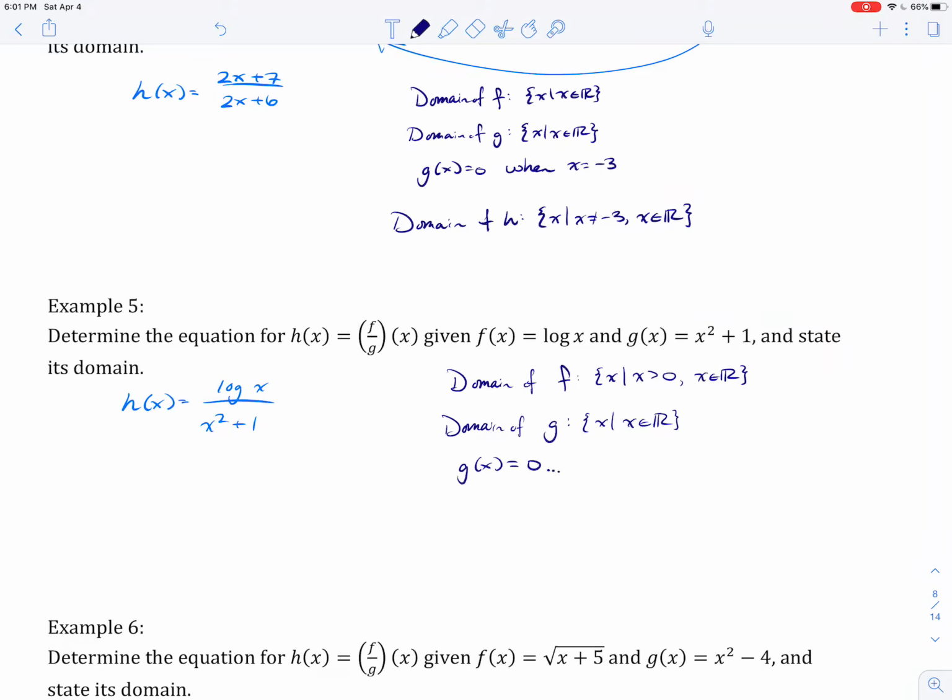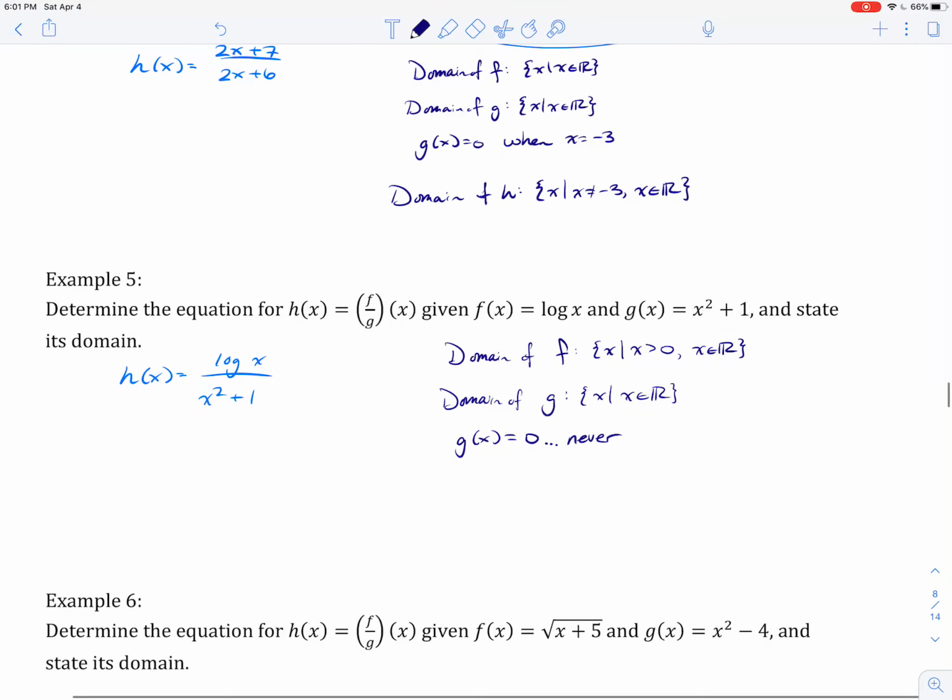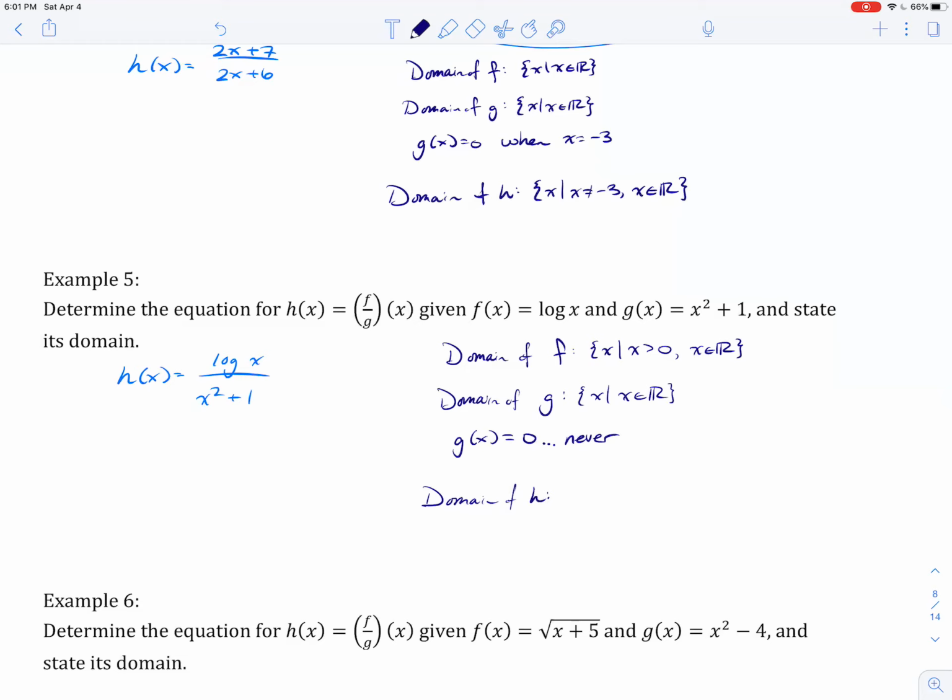Well, x squared plus 1 is always positive, so we don't have any additional restrictions in this case. Phew, thank goodness. That saves us so much writing. So then the domain of h here is just that x has to be positive.